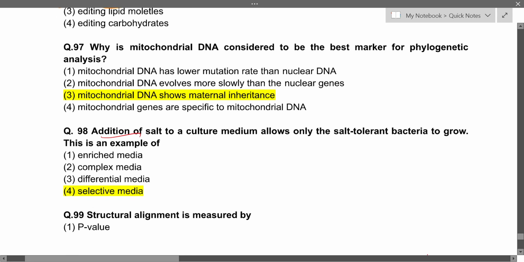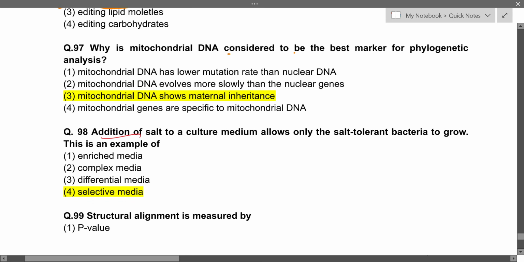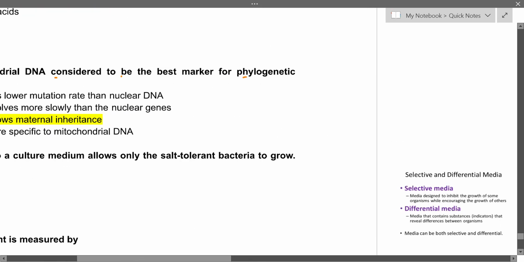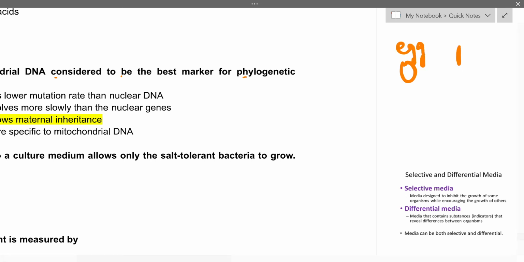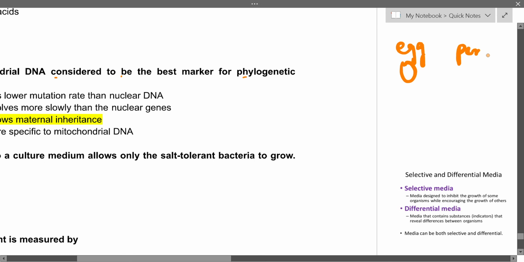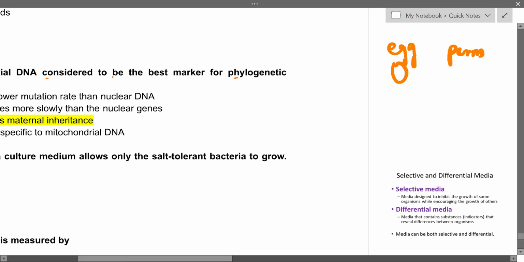Why is mitochondrial DNA considered to be the best marker for phylogenetic analysis? Suppose this is the egg and this is a sperm. My pen is not working here.